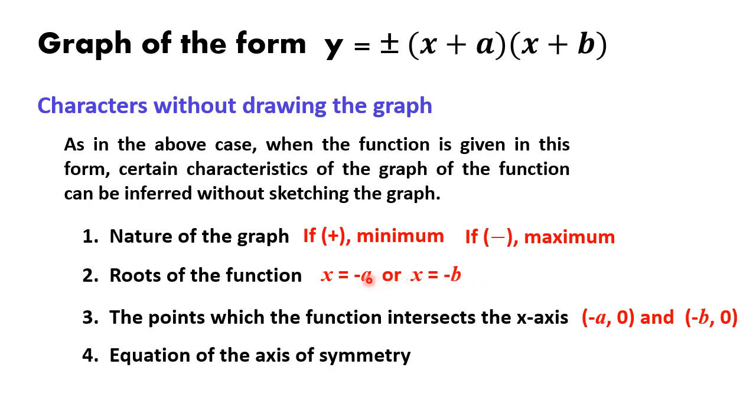So the axis of symmetry goes through the middle or the center of the two values minus a and minus b, so we can obtain the equation of the axis of symmetry by adding the two values, divide by 2. Taking minus common, a plus b, the two roots added, dividing by 2 to get the middle value, the half of the sum of the two.